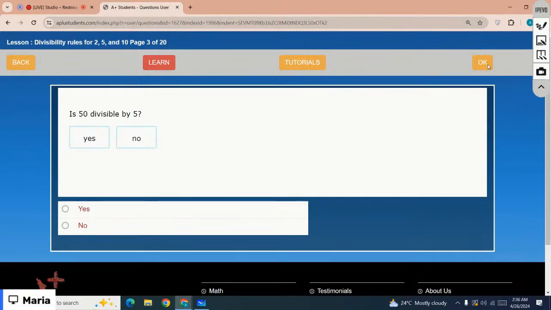The correct option is yes. 50 is divisible by 5.